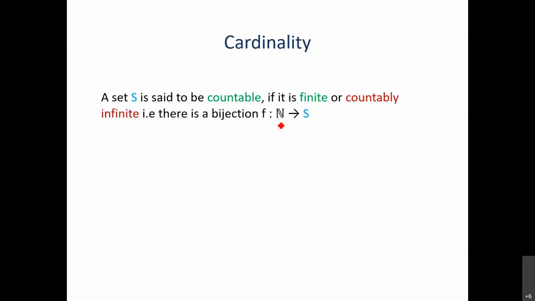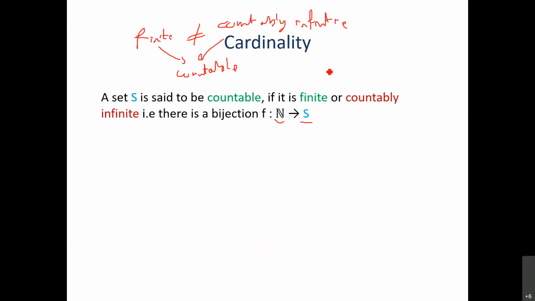You have a bijection from the set n to the set that you're trying to prove. So are they both the same? No. Finite is different from countably infinite. They're definitely different. But for some people, they're both under the category of countable. They're both countable, but they're different things, just like n and z, they're just different things.